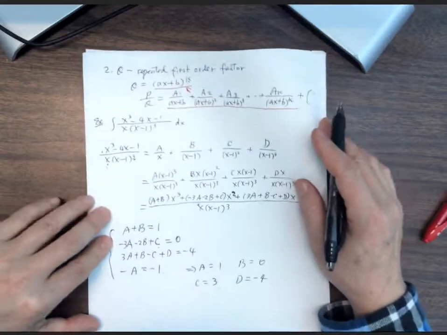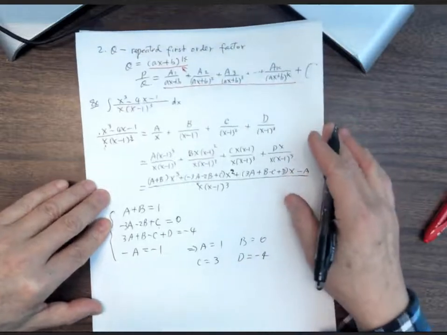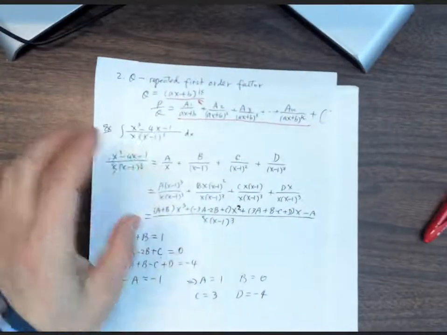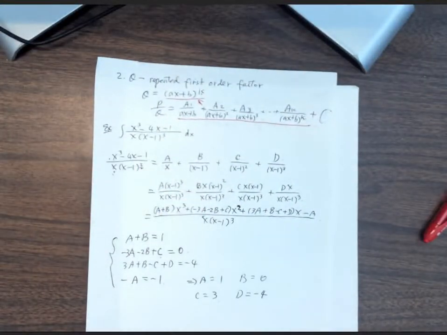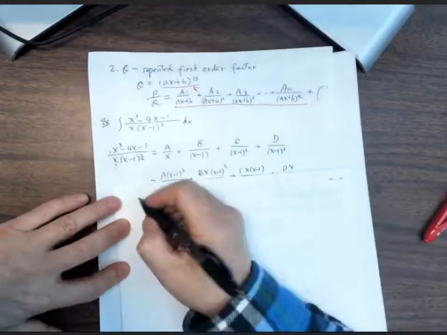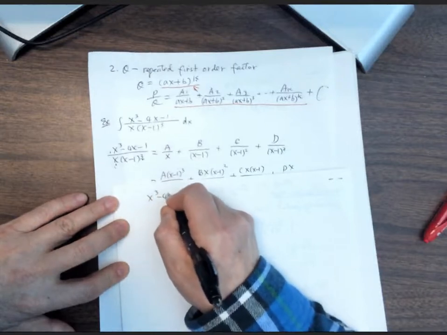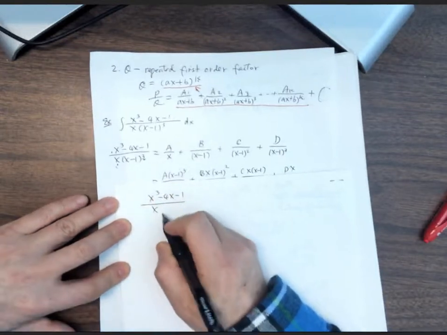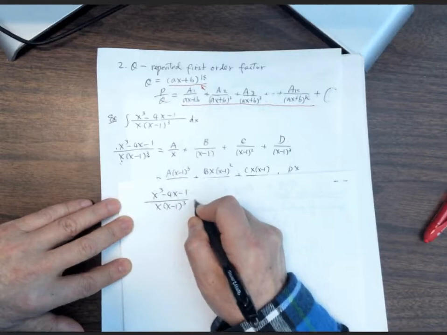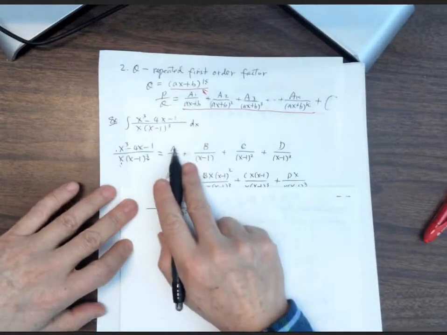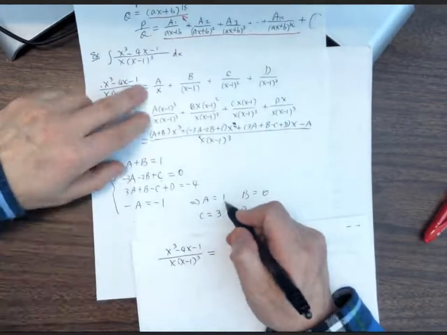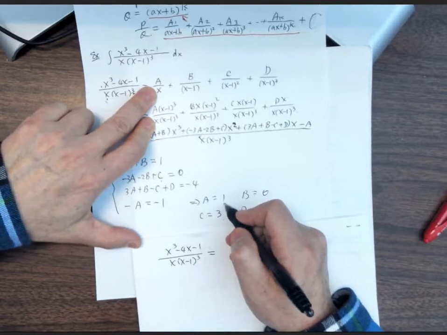Okay, well, according to our result, x to the third power minus 4x minus 1 over x times x minus 1 to the third power equals a over x, b over x minus 1, and so on, and a, b, c, d are determined.